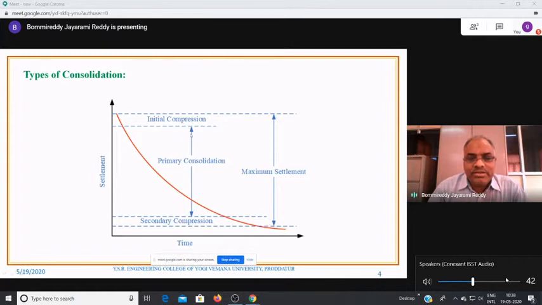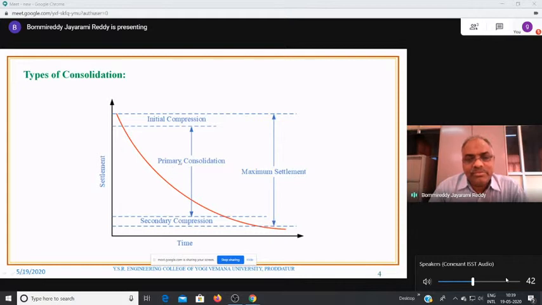And another settlement is primary settlement. Primary settlement is the major part of the settlement that you can see in the graph, and it will take several years. Sometimes it may be months, years, or hundreds or thousands of years, depending upon the magnitude of the sustained load acting on the soil.